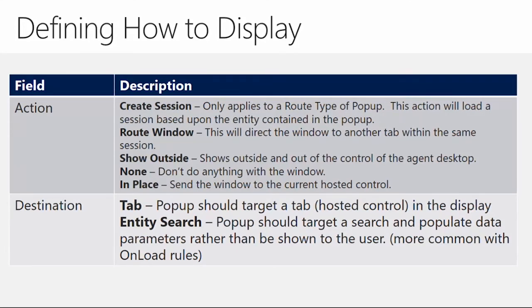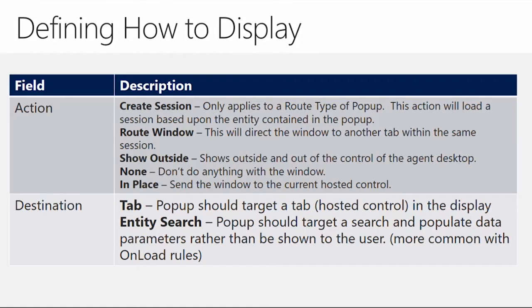The other thing that you have to determine is the destination. The destination is important as to where you want to put it. So for example, if it's a tab or a hosted control, I need to know where that hosted control is being displayed. If I want to populate it into a hosted control called the count that I've created, I have to specify the hosted control that I want to populate it into within the context of that session.